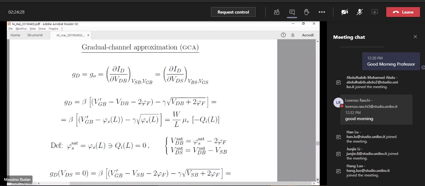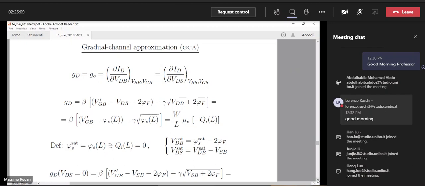So we start with the definition of the so-called drain conductance, GD. It is also called output conductance, GO. It is defined as the partial derivative of the current with respect to the VDB voltage, while keeping the source bulk voltage and the gate bulk voltage constant.